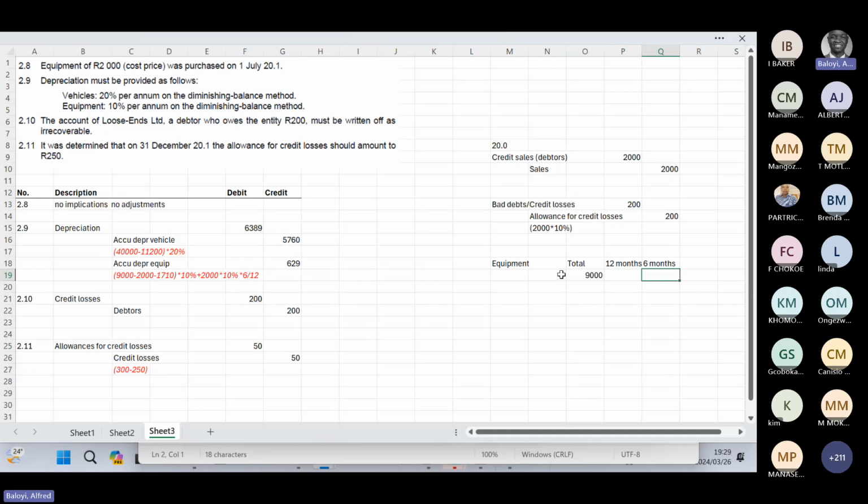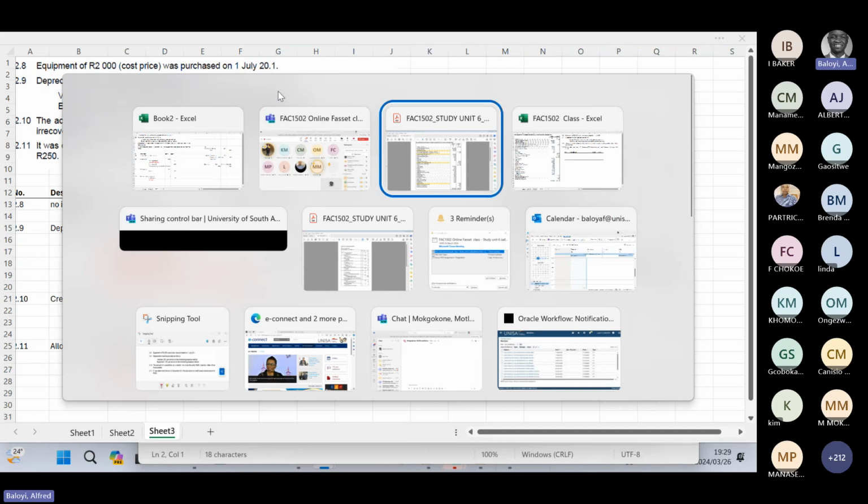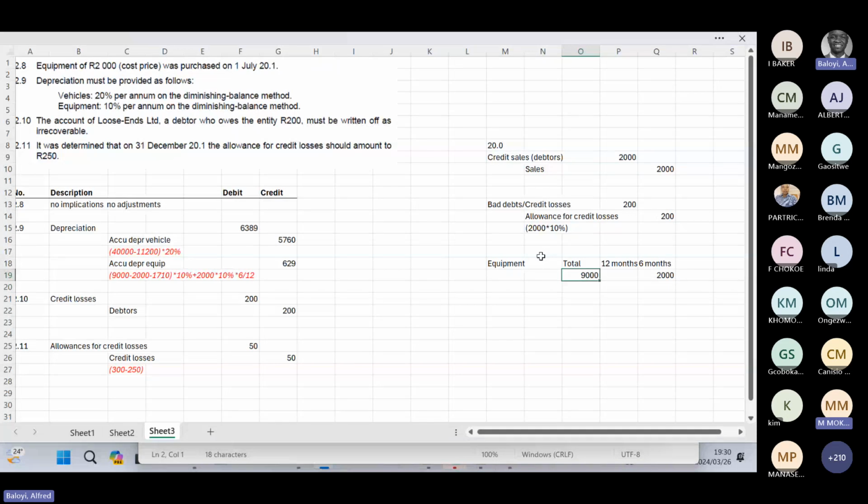They told us that equipment for 2000 was purchased on 1 July, right? But they don't tell us anything else. Because this is the balance at 31 December 20.1, we know that the 9,000 will include the 2,000 because it was purchased during the year. So the 9,000 is made of the 7,000 and the 2,000. All right.